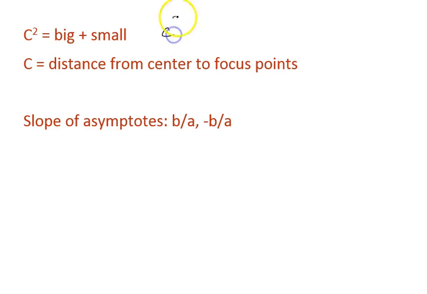So if you just wanted to think of it as c squared equals a squared plus b squared, then that might be an easier way to remember it because you think of the Pythagorean theorem that way. So whatever works for you, just remember to add when you're in hyperbolas and subtract when you're figuring it out in ellipses. Again, C is the distance from the center to your focus points. So those will come in handy when we're trying to graph the focus points.